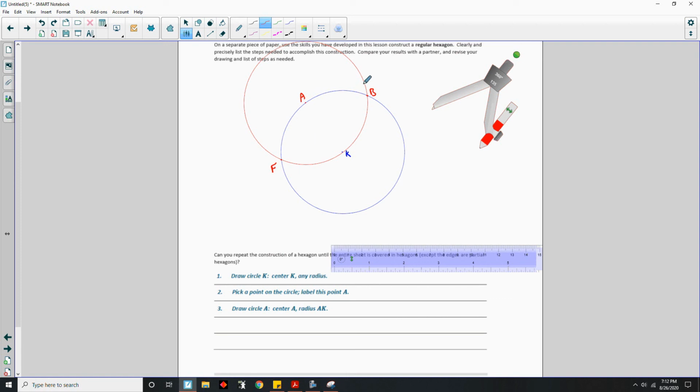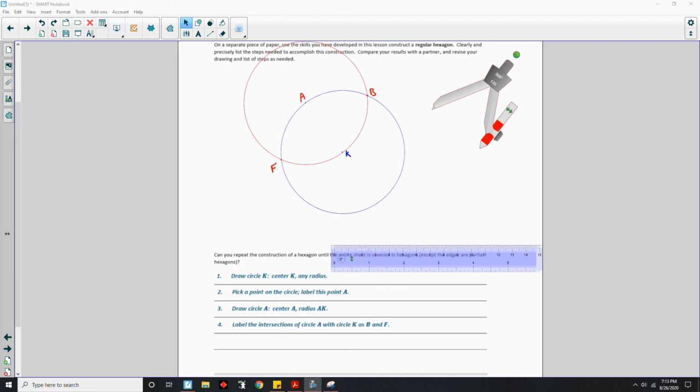Well, A, B, C, D, E, F. F is the 6th letter in the alphabet, so there's one side, then 2, 3, 4, 5, 6. Okay, so number 4, label the intersections of circle A with circle K as point B and point F.